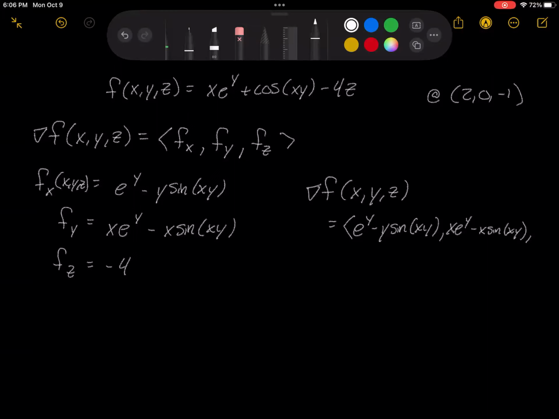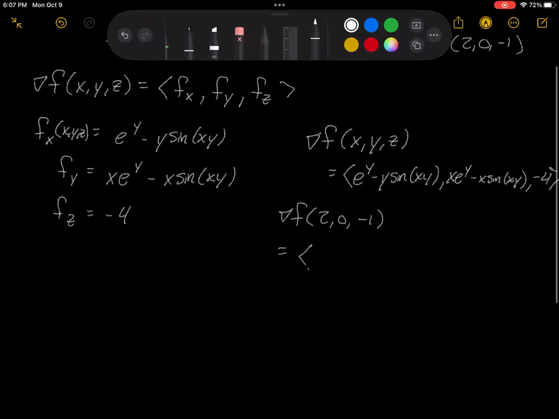And the partial in the z direction was a constant, minus 4. It's 3 dimensions, so it's going to exist in the domain of your function. And I want to evaluate this gradient vector at the point 2, 0, minus 1.